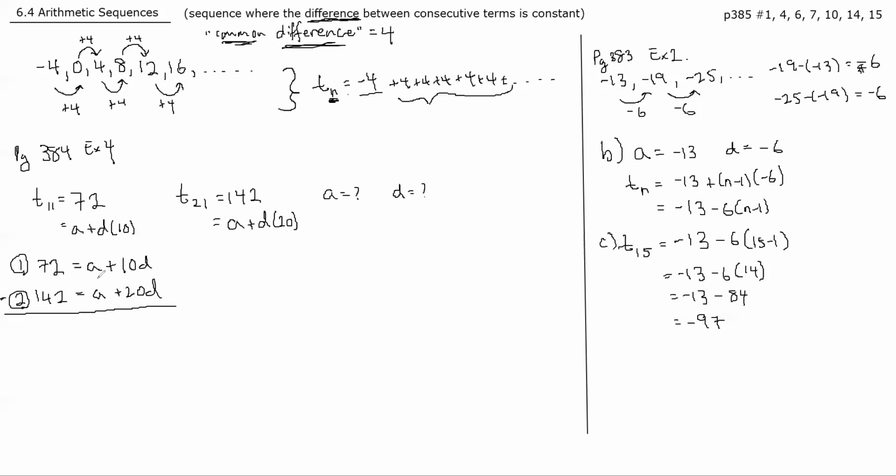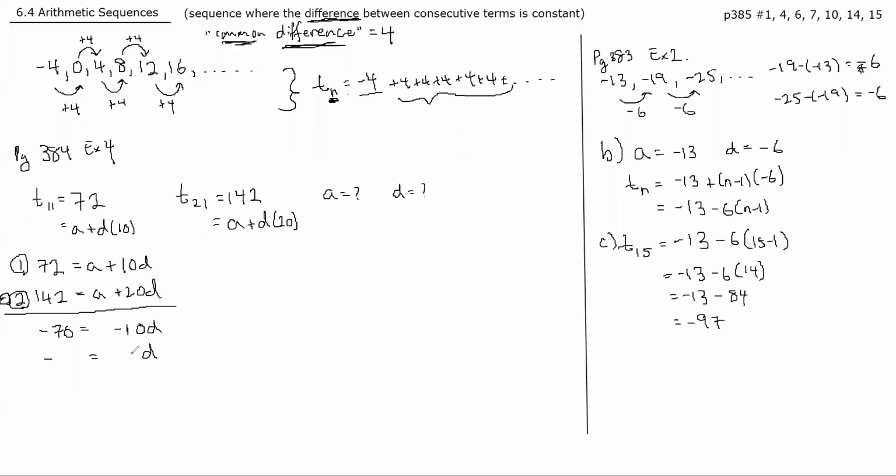If I were to eliminate, because positive A and positive A are going to subtract, 72 minus 142, that's a negative 70. A minus A, that's nothing. And 10 minus 20, so D is equal to negative 3... sorry, I made a mistake. 10 minus 20 isn't 20, people.